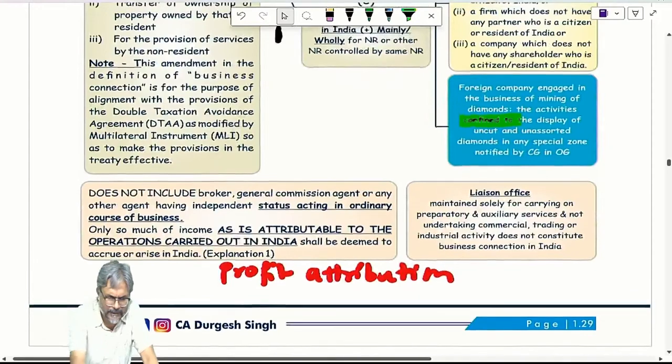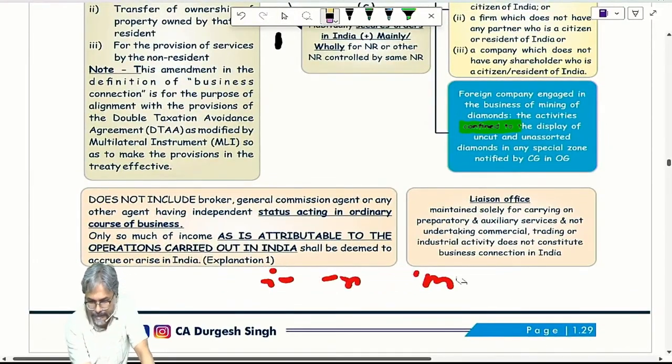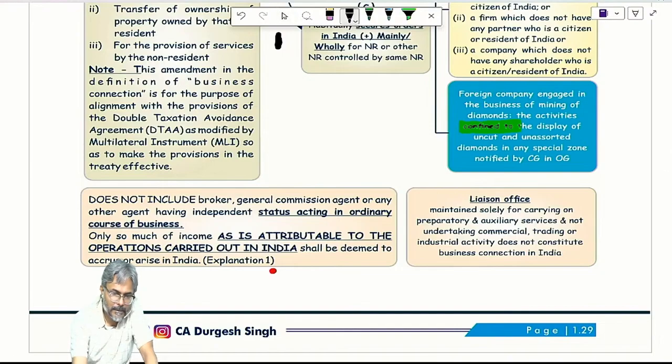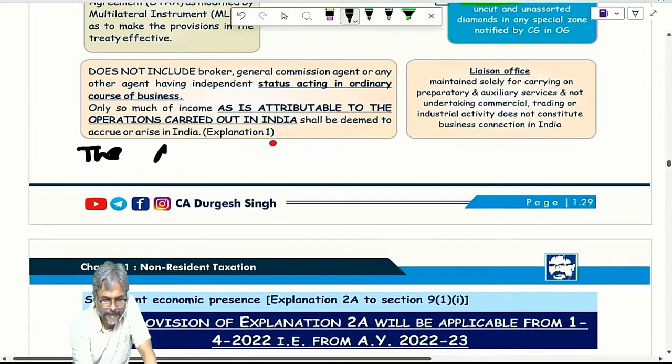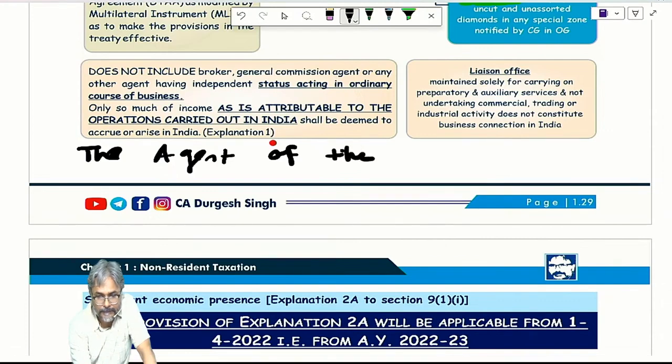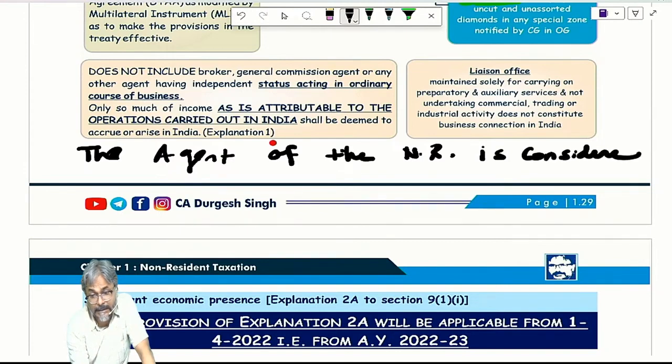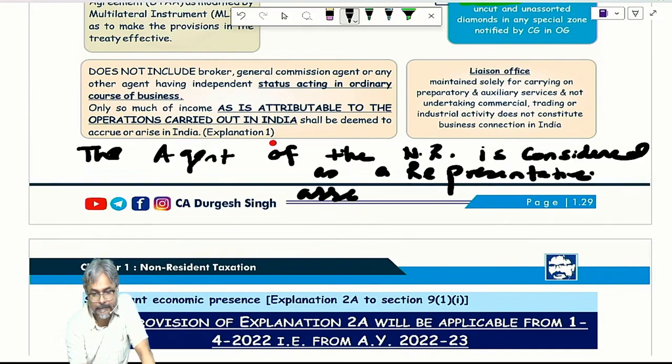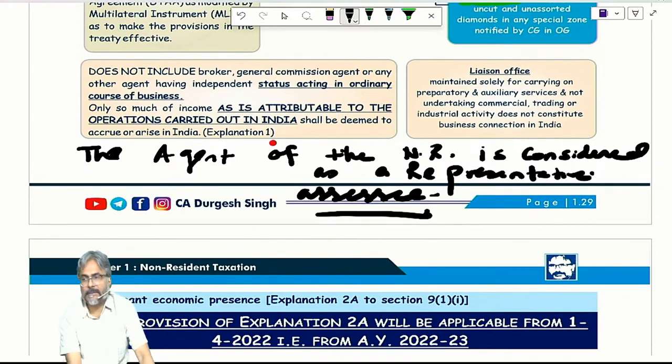Below that you can write: the agent of the non-resident is considered as a representative assessee. What is this representative assessee? We will see as and when the time arrives.